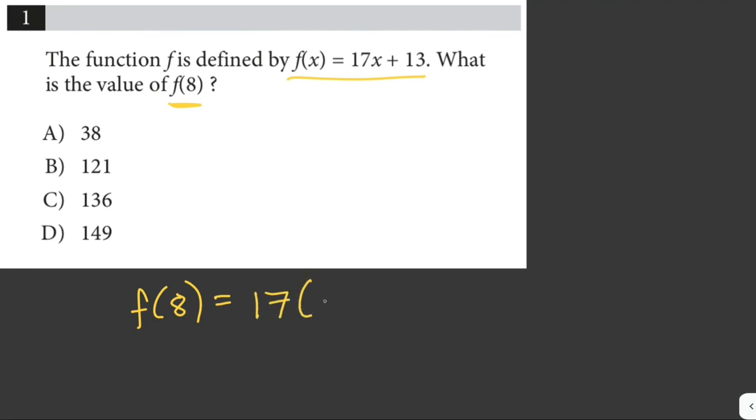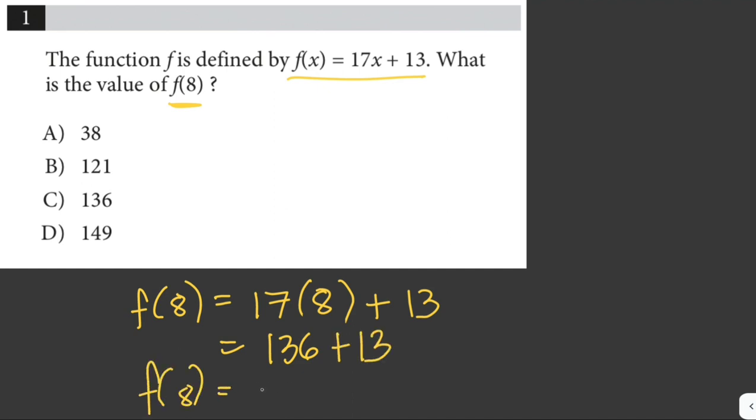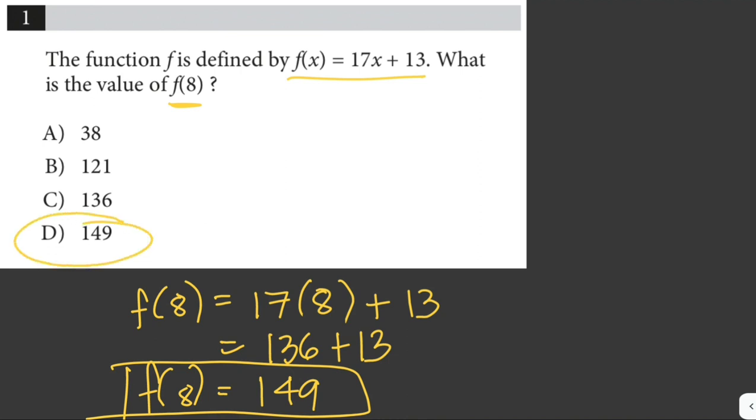So this is 17 times 8, I mean, 17 times x plus 13, so 17 times 8. So this is 136 plus 13. Therefore, f of 8 is just equal to 149. So this is the value of f of 8. So the answer here is letter D.